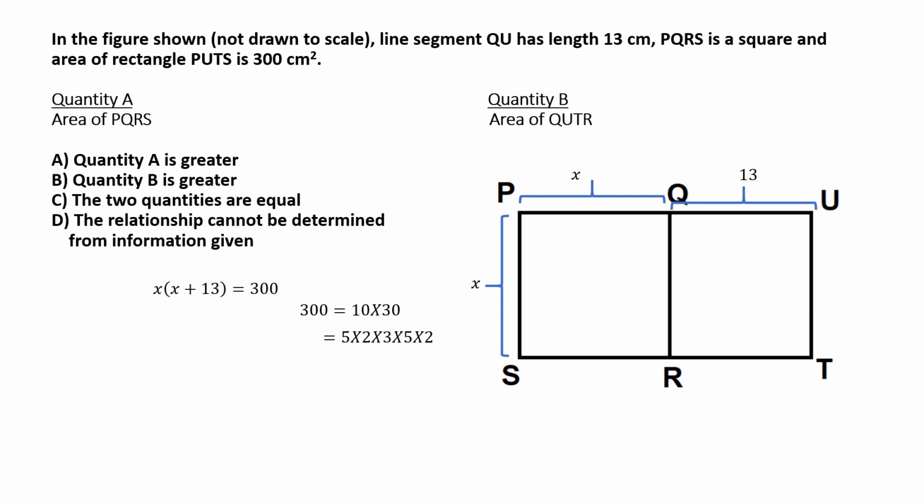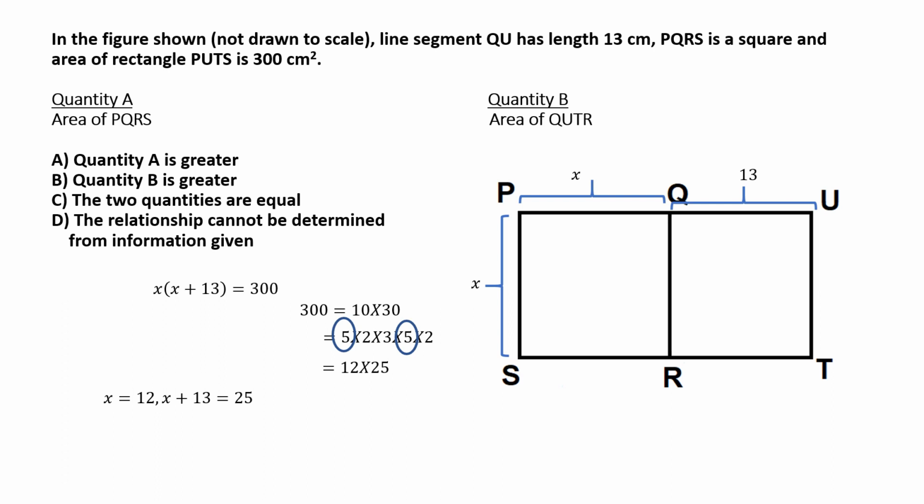If we combine the two 5s, I get 25 as one factor, and the other factor is 2 multiplied by 3 multiplied by 2, which is 12. So I get 12 multiplied by 25, and note that the difference in the factors is 13. So X multiplied by X plus 13 is 12 multiplied by 25, and 25 is 12 plus 13. So the solution of this equation is X equal to 12, and X plus 13 is 25.